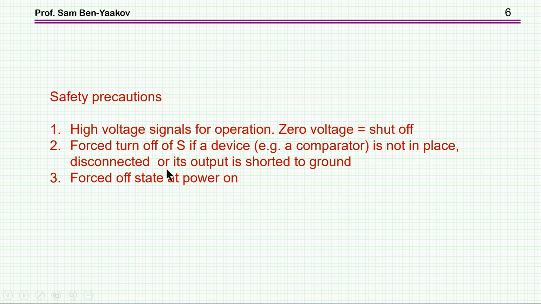This is just a precaution in case of a malfunction of the circuit. And of course, we'd like to have a forced off state of the switch at power on. That is, when you turn on the system, you obviously want the switch to be in the off position.